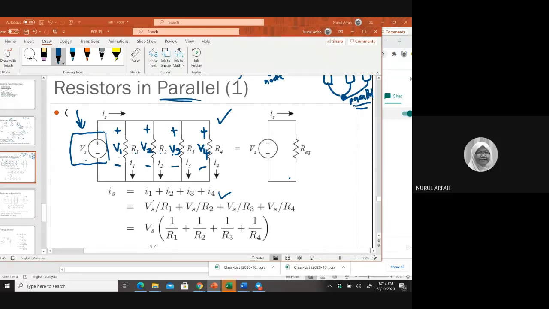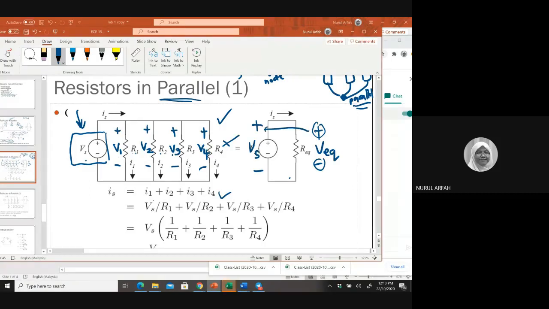So if you add everything there and you have R equivalent, the voltage drop here, this V equivalent, is equal to Vs. Why did I say so? Because this is a plus, right? And this is a minus. And over here also there is a plus and a minus. And this is a V source.